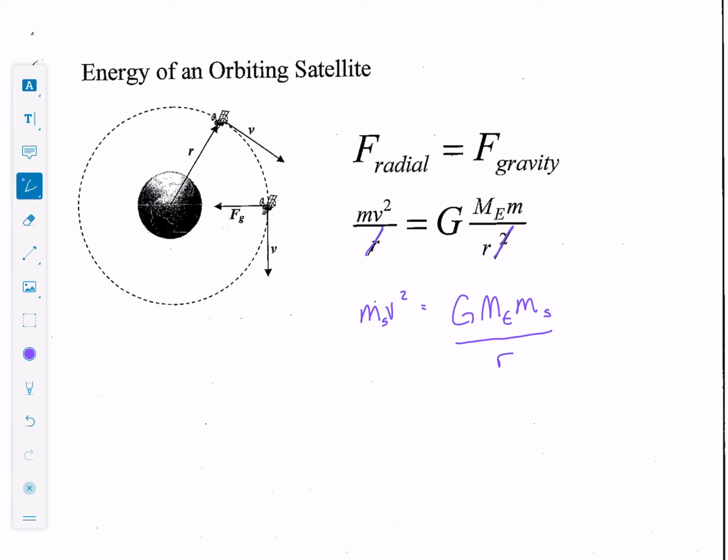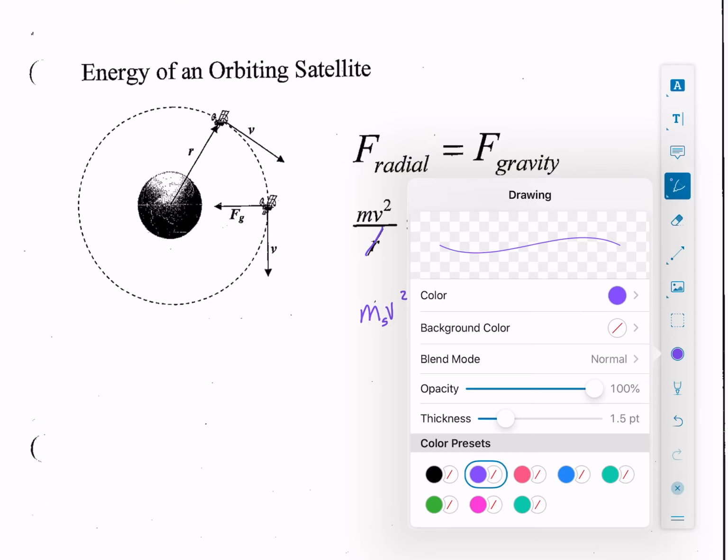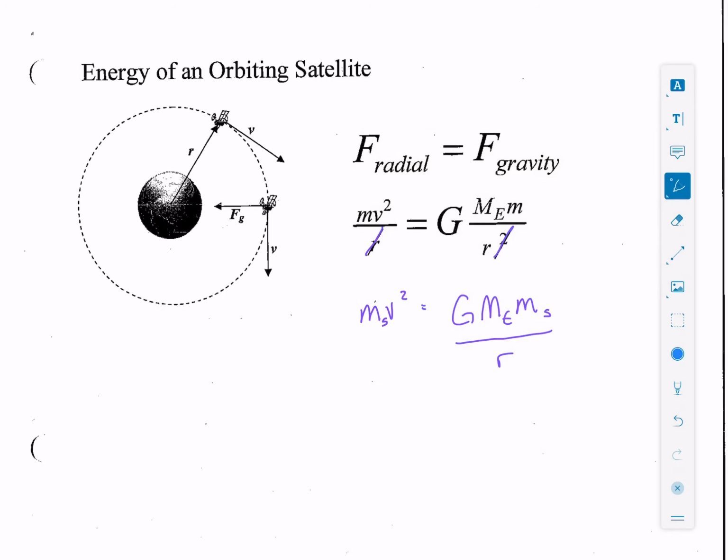Well, I want to think real quick about the kinetic energy of our satellite. The kinetic energy of anything is 1/2 mv squared. So if we're talking about the kinetic energy of the satellite, it's 1/2 mass of the satellite times v squared.